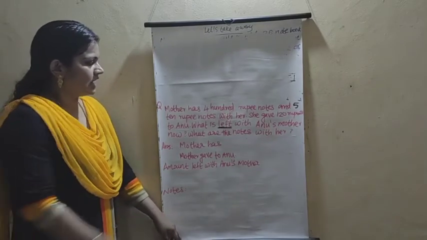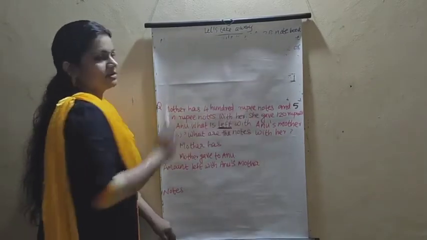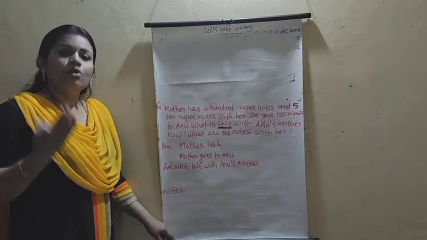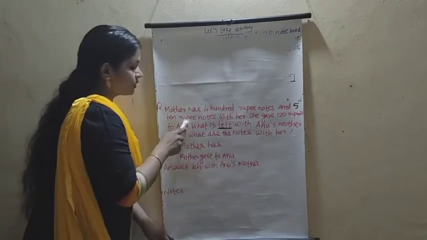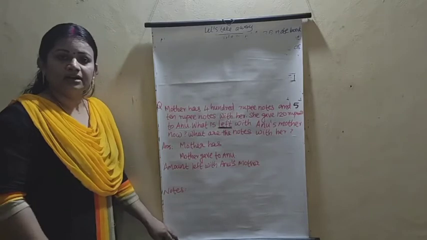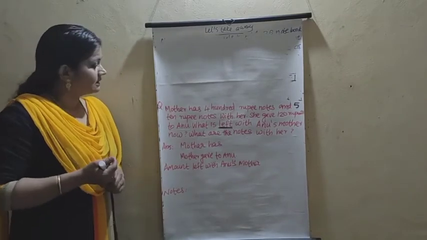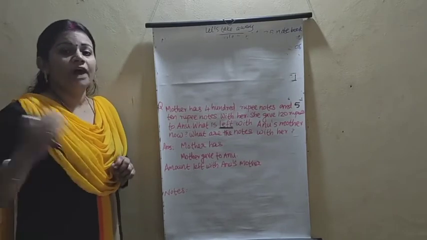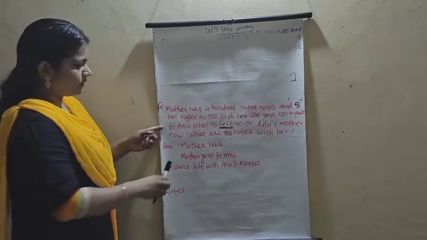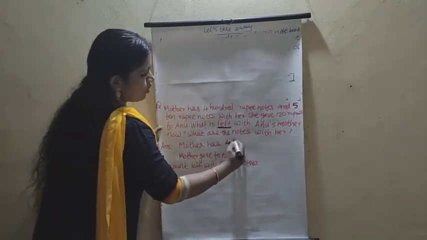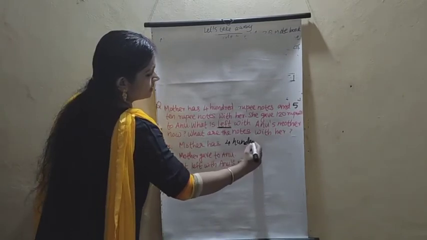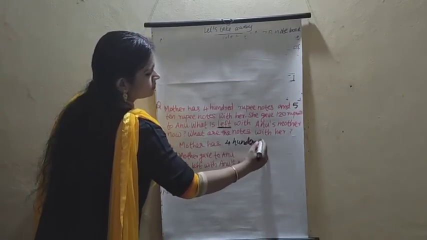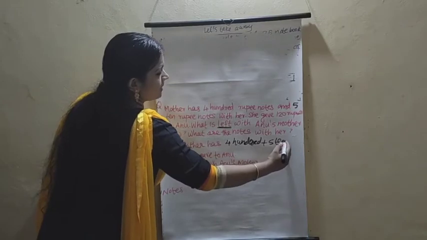Okay, we already know 400 rupees. 5 ten rupees, 5 tens is equal to what? 50. You know that. Then how much rupees are in Anu's mother's hand? How to find out? Mother has 400 and 5 tens rupees.